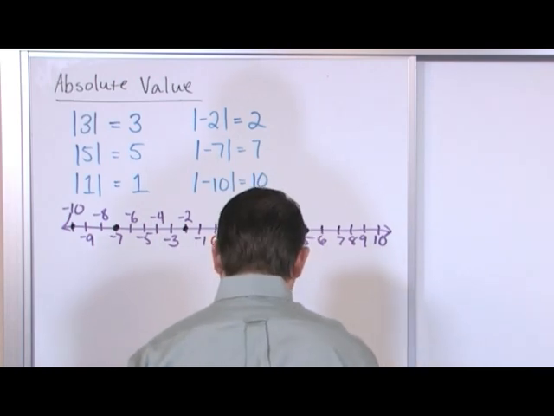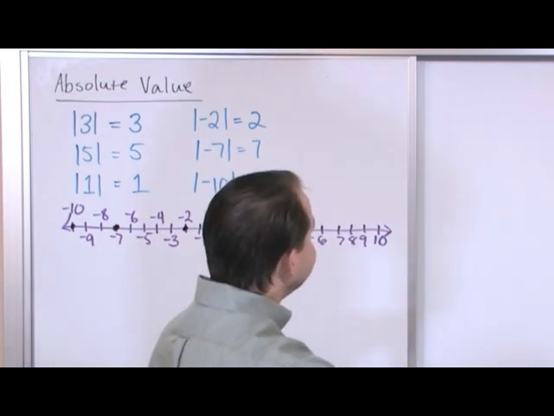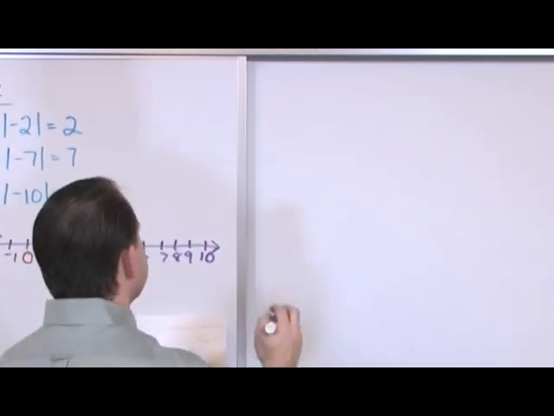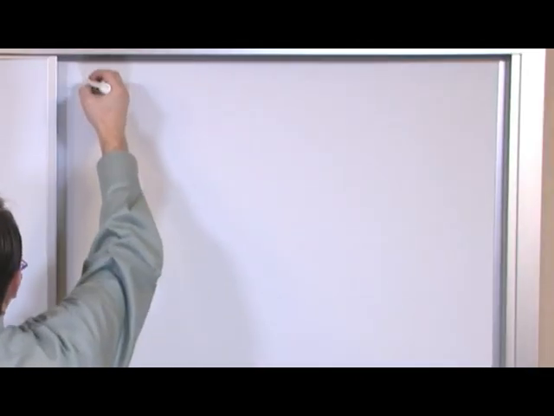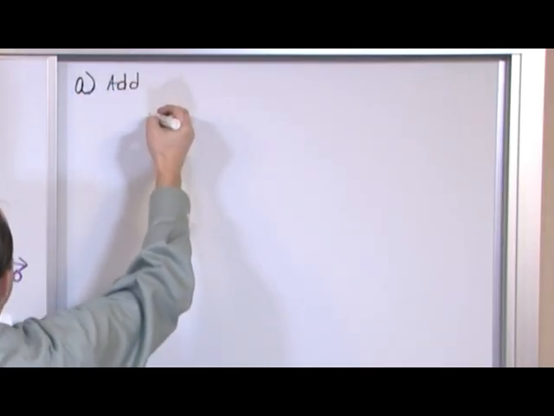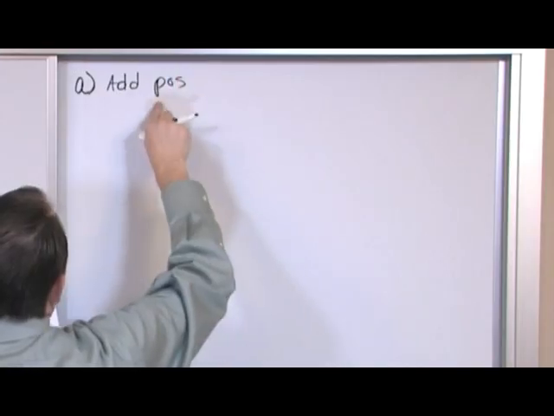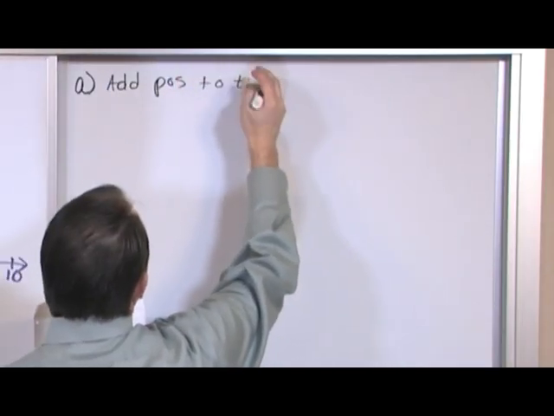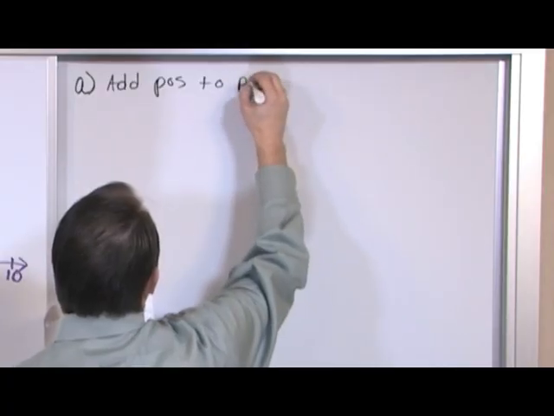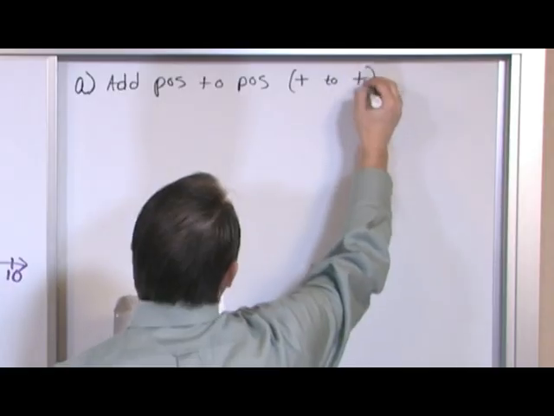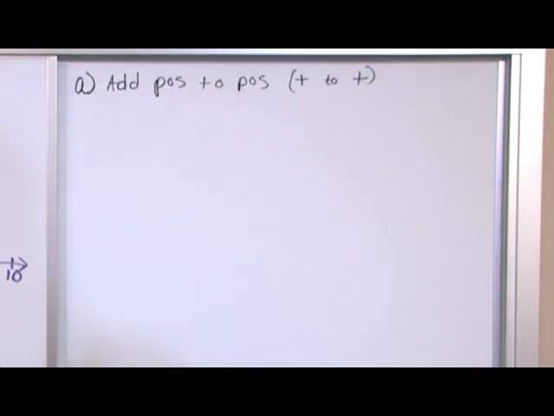The rules that we're going to have are basically going to look like this. Some of them, like I said, are going to be trivial. So here are the rules. The first rule is if we're adding a positive number to a positive number, so in other words, positive to positive, what is going to happen in that case?